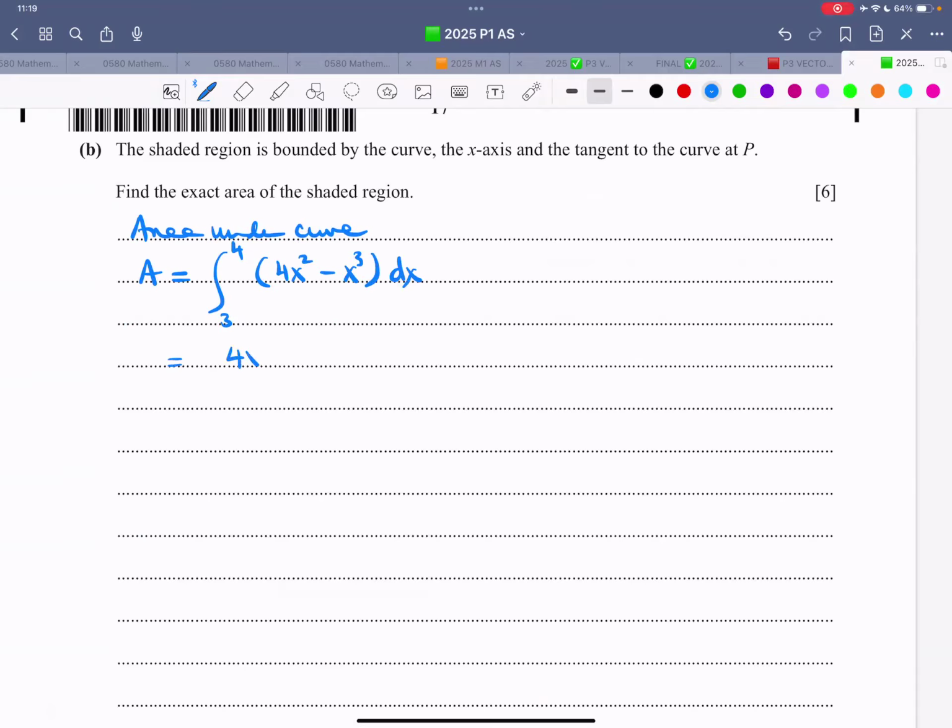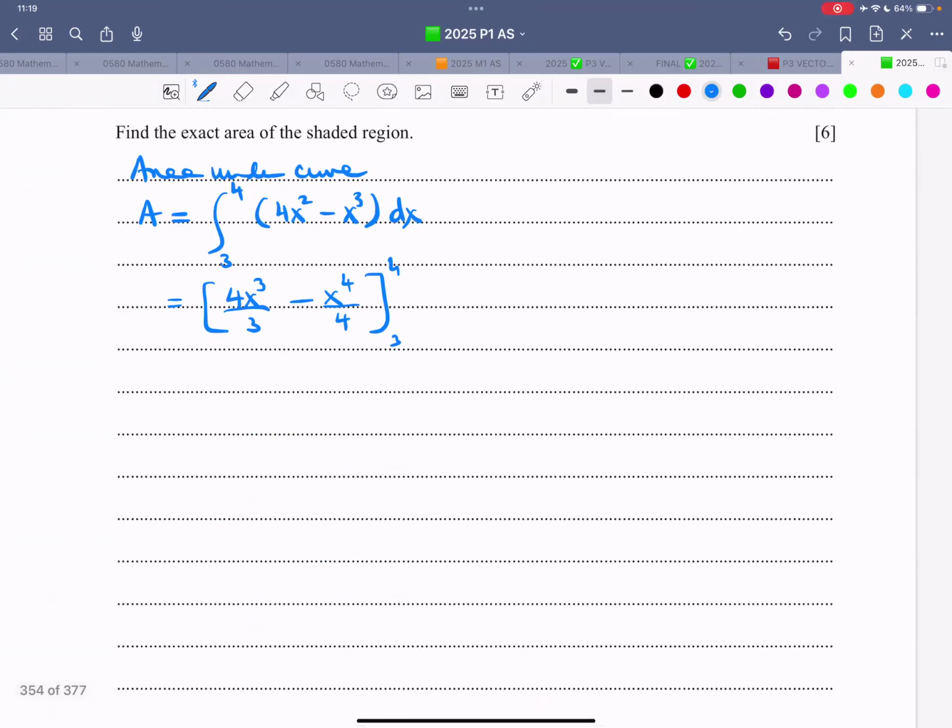That is 4x cubed over 3 minus x power 4 over 4 between the limits 3 and 4. So now let's plug in the limits. That is 4 third times 4 cubed minus 4 to the power 4 over 4, minus 4 third times 3 cubed minus 3 to the power 4 over 4.